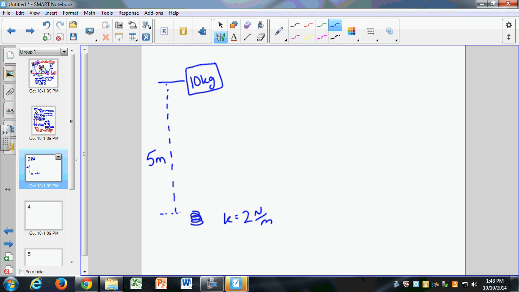Right? How much does the spring compress? This is another good test question. I'm going to go back to my office and write these down. Okay.